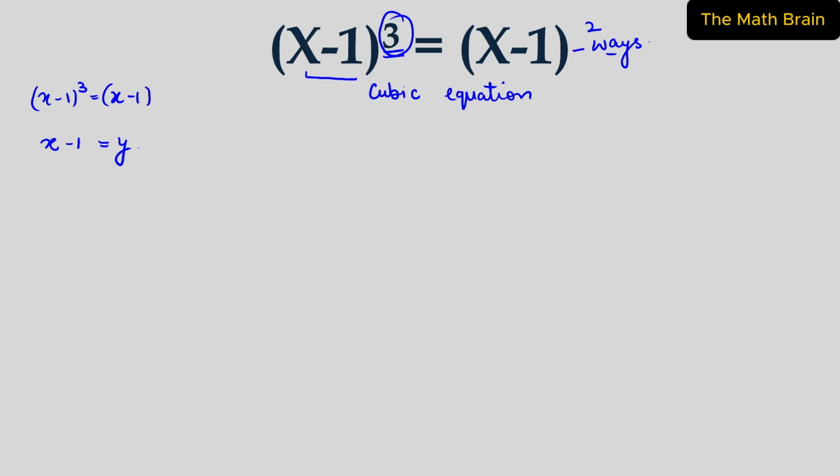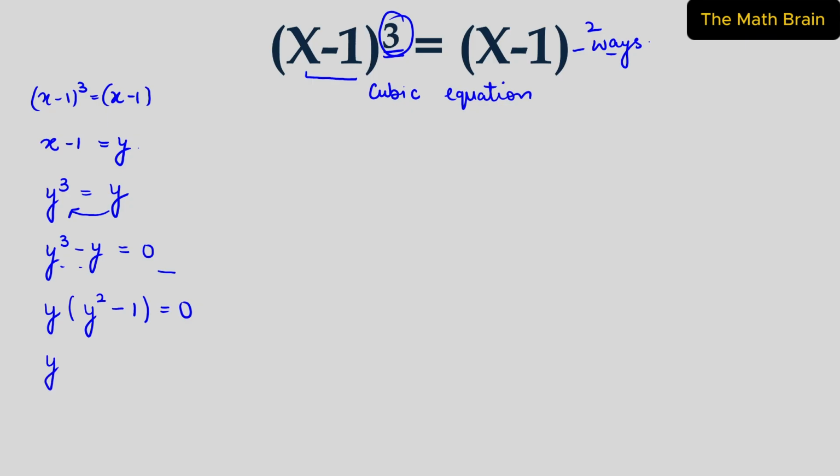By substituting x minus 1 as y, we will get y cube is equal to y. Let's take this y to the left hand side and we are left with y cube minus y is equal to 0. Next step will be taking y common from both of these expressions and we will get y (y square minus 1) is equal to 0.